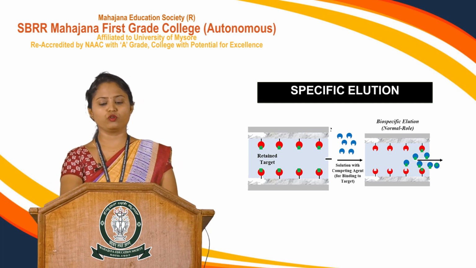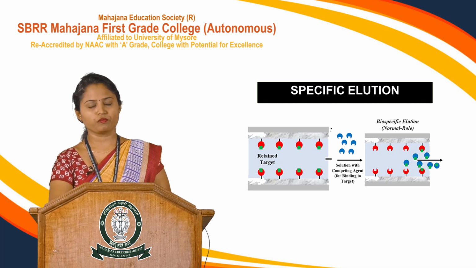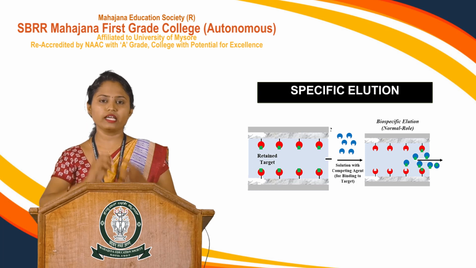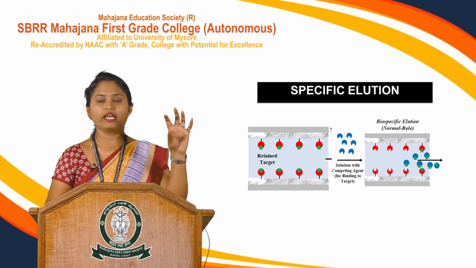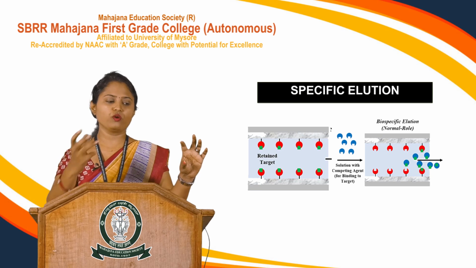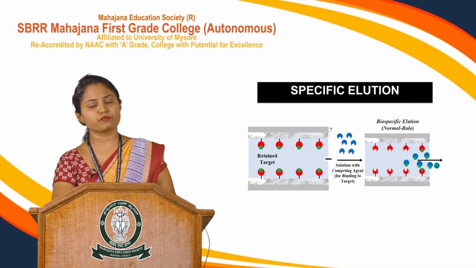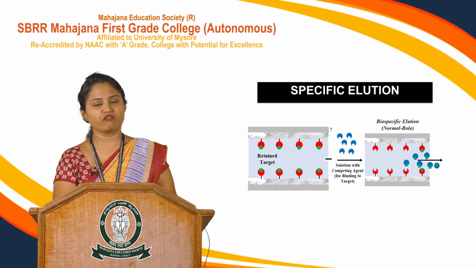So, in this mode of elution, which we call specific elution, you treat the column so that it creates a competition between the already existing molecule and the molecule of interest that you are going to isolate. Once you add the specific molecules which have higher affinity than the previously added ligands.